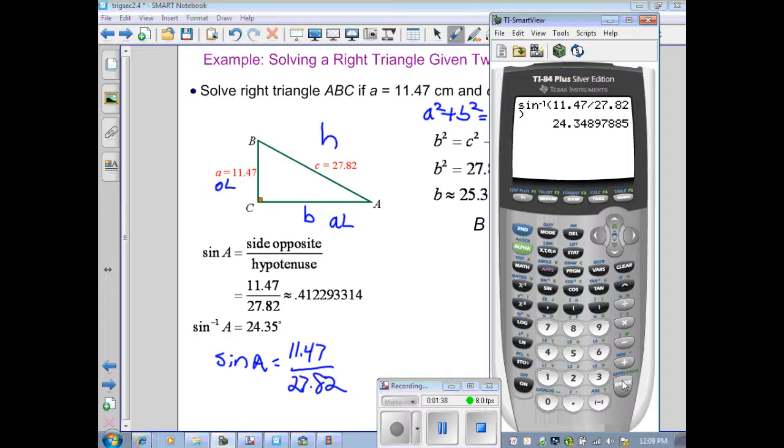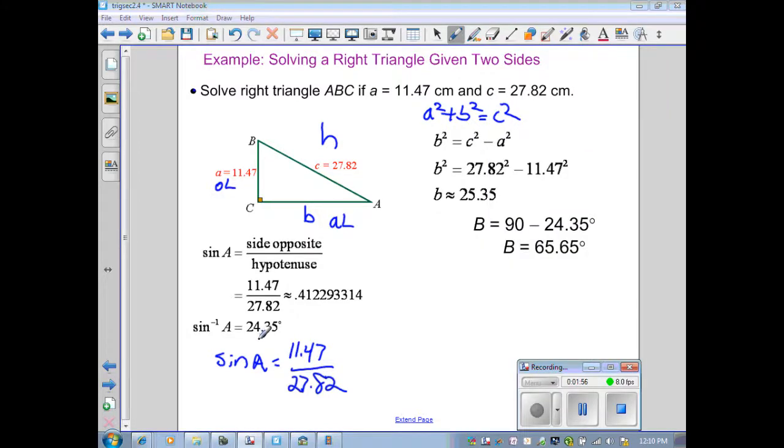And as you can see, I get the approximation as the calculator, and as on the slide, 24.35 degrees. That would be when I round from 4 to 5. Once I have my degree for angle A, I know that I have two acute angles, and in a right triangle they are complementary. So I can just use that definition and take 90 minus 24.35 to get angle B, which is 65.65.